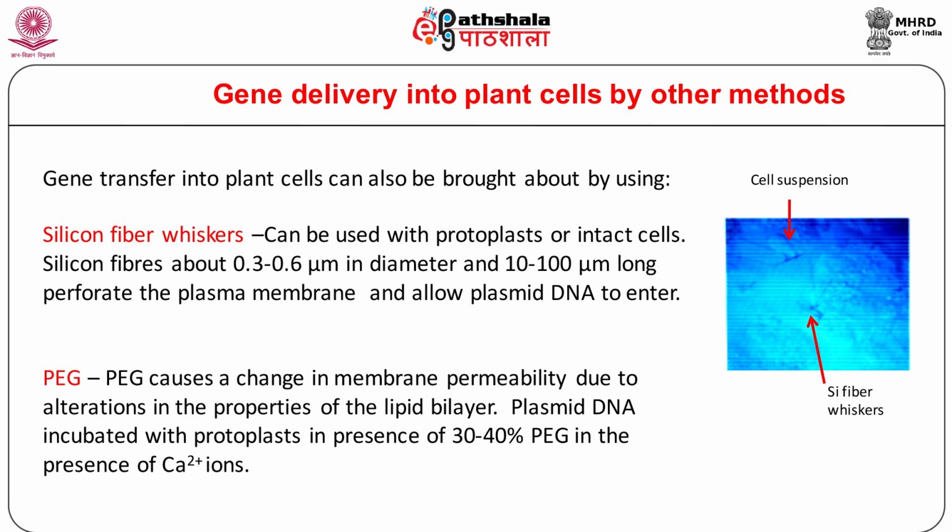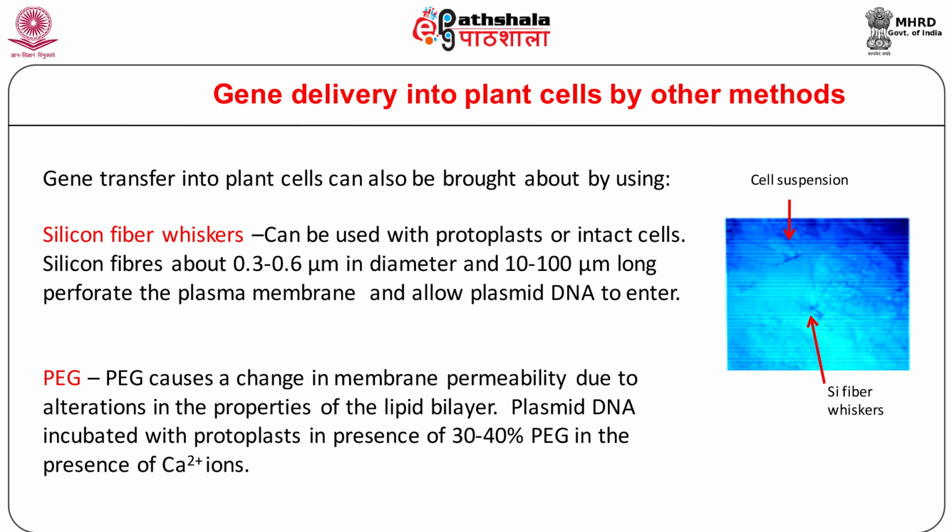Three more strategies have been used for direct gene transfer by various laboratories. All of them use protoplasts for transformation, which is a problem because regeneration from protoplasts is not easy. Silicon fiber whiskers puncture the membrane through which the DNA can enter.